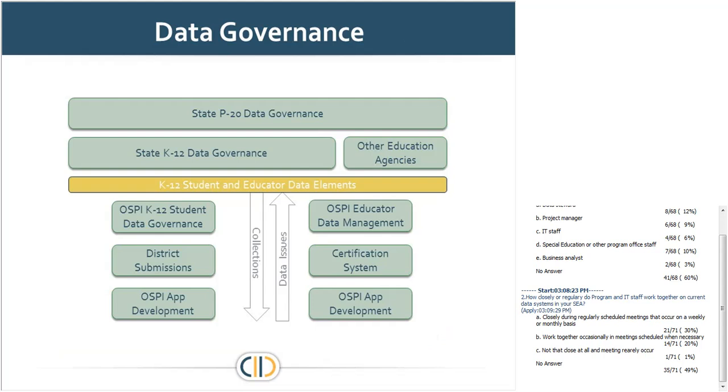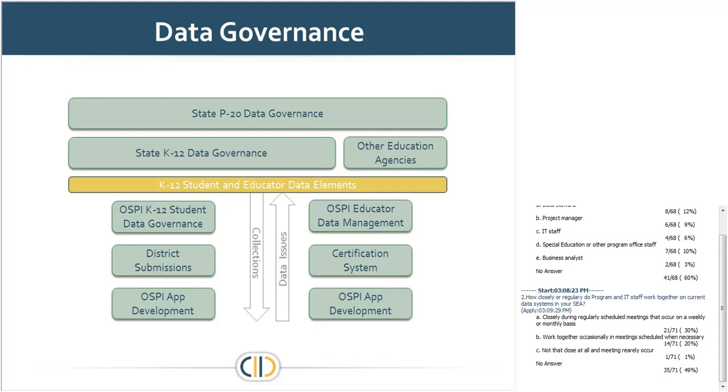So I'd like to talk a little bit about data governance in the state, and then I'll drill down just a little bit into data governance at OSPI. In 2007, we were lucky enough that the Washington State Legislature set up a program to do state K-12 data governance.